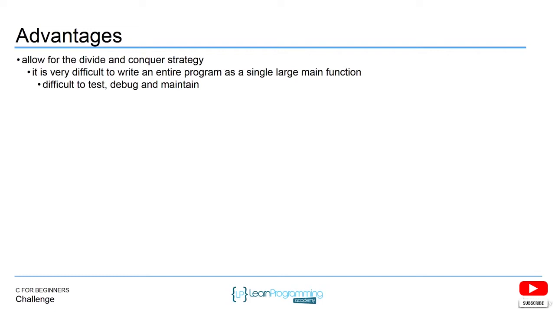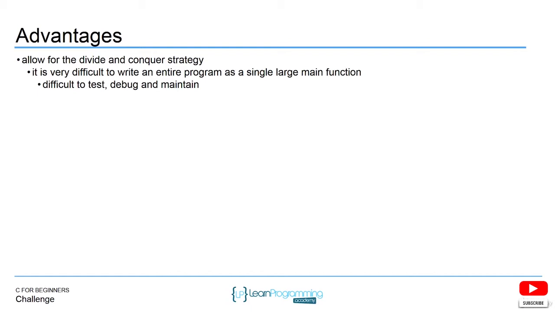So breaking it down with this divide and conquer strategy is going to make it a lot easier to find and fix bugs in your code. Couldn't you imagine a single C program that all it had was the main function and there were 5,000 lines in it? We would have no clue how to attack that problem. It's really poor organization. You're not having any cohesion, and you're just diving right in to try to solve a problem.